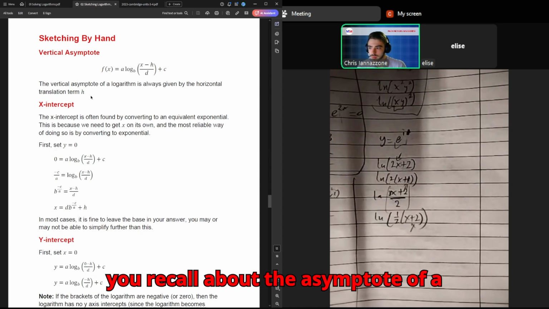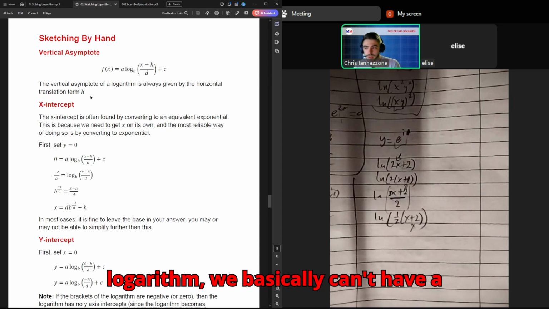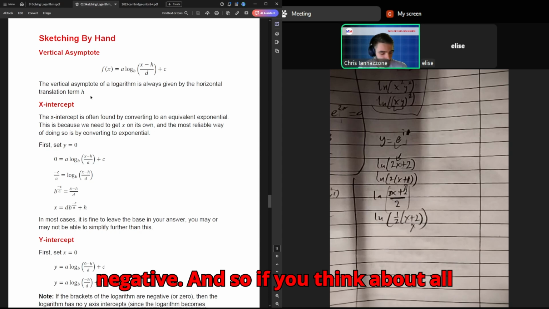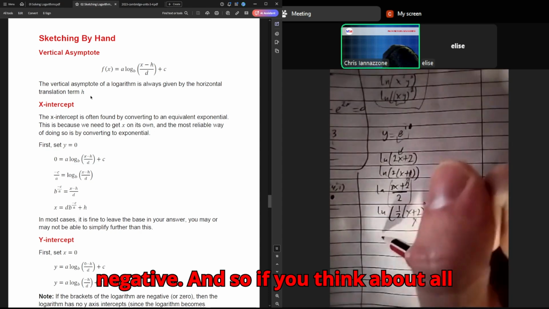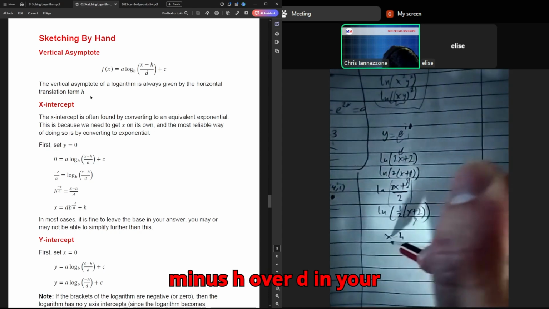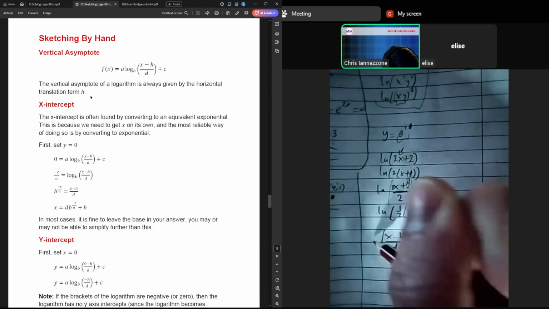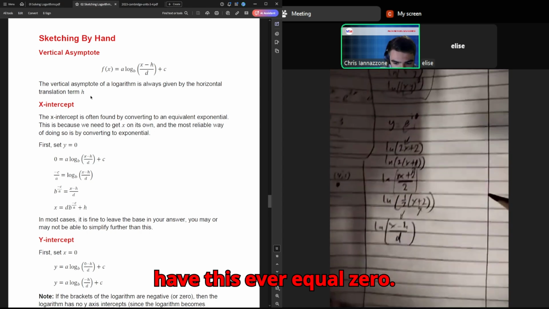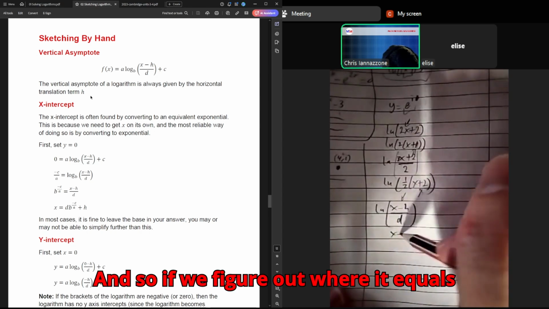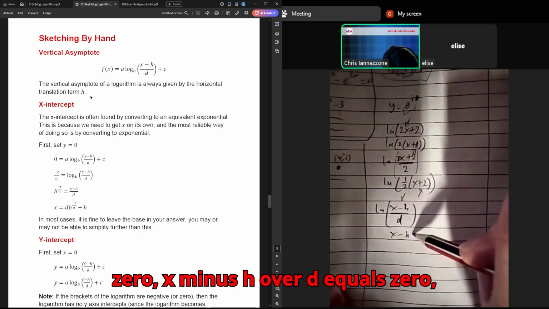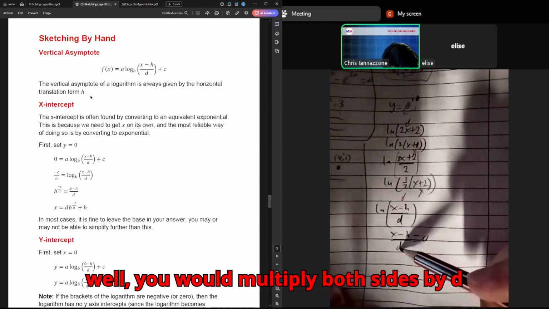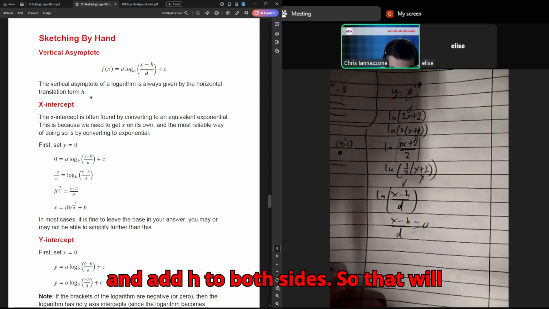So if you recall about the asymptote of a logarithm, we basically can't have a logarithm with brackets equal to 0 or negative. And so if you think about all the terms involved, let's say it's x minus h over d in your logarithm brackets, we're not allowed to have this ever equal 0. And so if we figure out where it equals 0, x minus h over d equals 0, well, you would multiply both sides by d and add h to both sides.